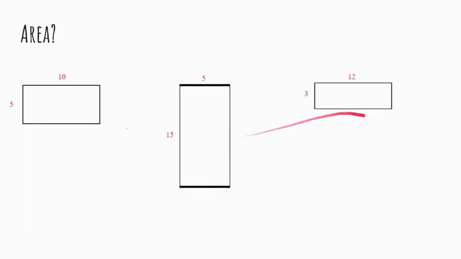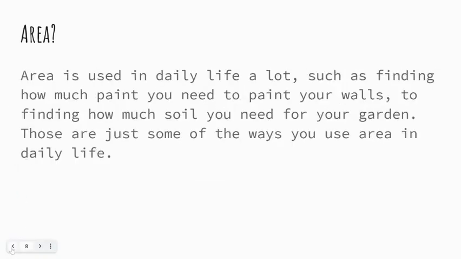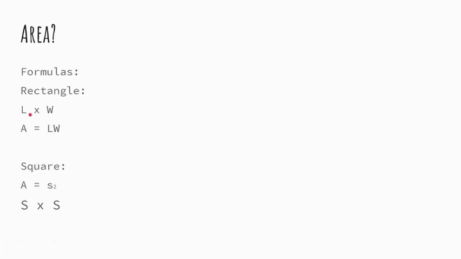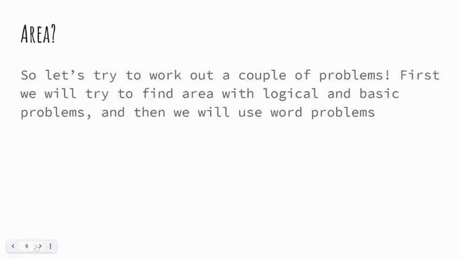Okay, so these three I will do with you. If this is a rectangle, this is the length and this is the width, or this is the width and this is the length. Either one does not matter. If we look back at our formula, it's L times W, length times width.